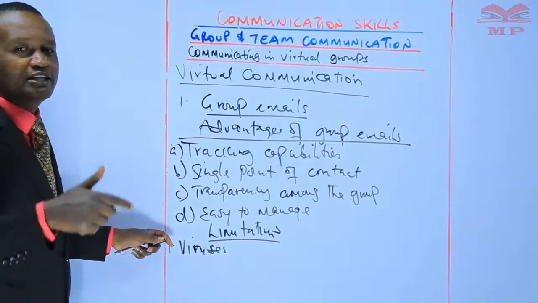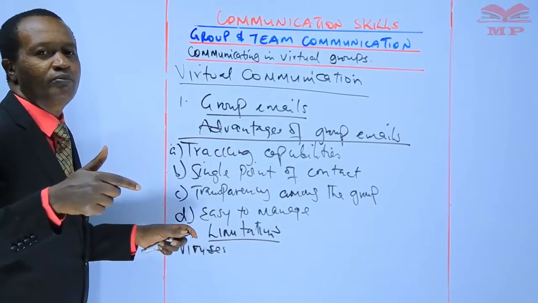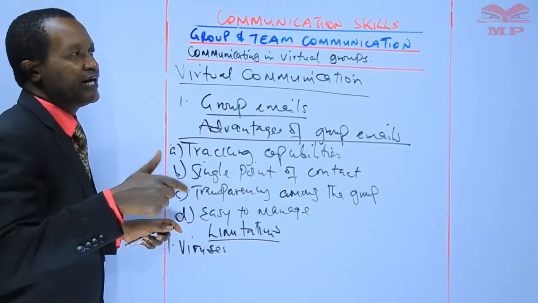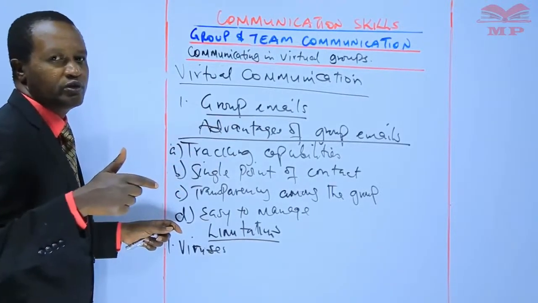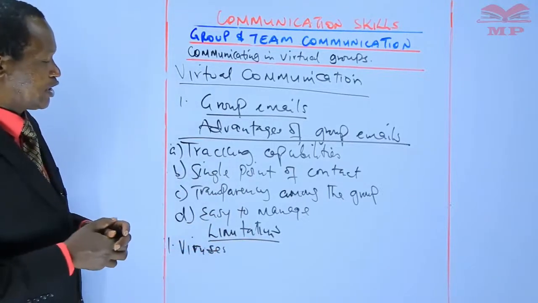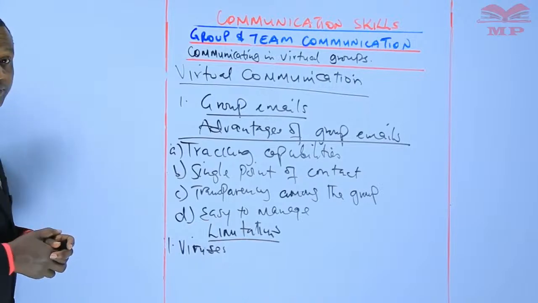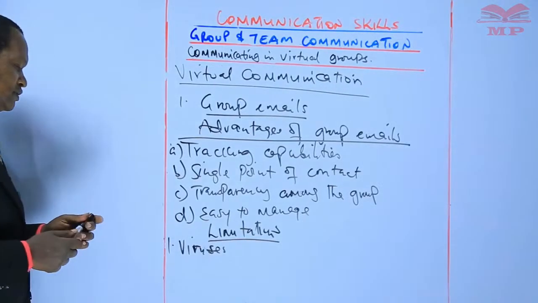And candidates, infected emails may come from an anonymous source or appear to come from a trusted friend or a contact. So that's one of the limitations of group emails, viruses.